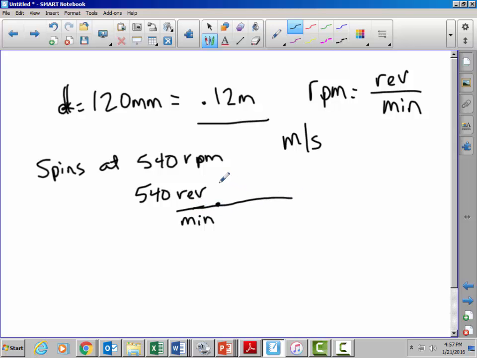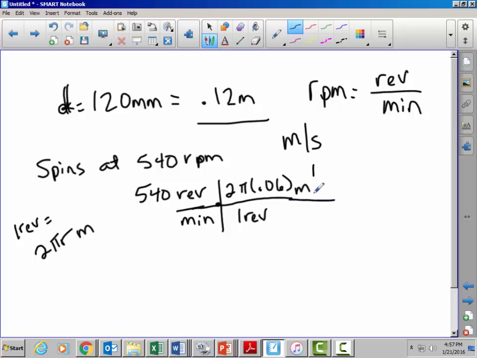So one revolution is one circumference, right? That is 2 pi r. So 2 pi r meters is one revolution. Now our diameter is 0.12, which would make our radius 0.06, and that's going to be in meters.